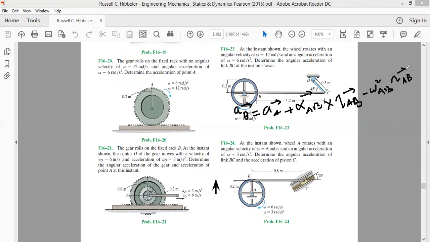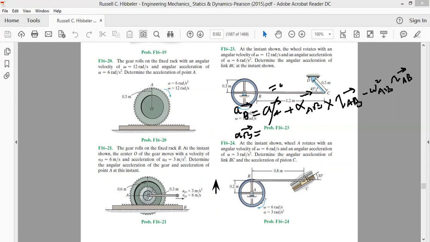Since acceleration of A is 0 because A is a fixed point, it does not translate at all, it is just a pin around which the wheel is rotating, so its acceleration is 0. The angular acceleration of AB is given to us. Angular acceleration of AB is the angular acceleration of this wheel, that is 3 radians per second square.